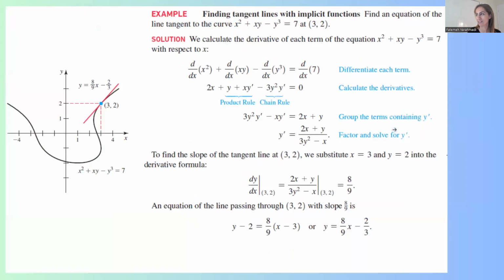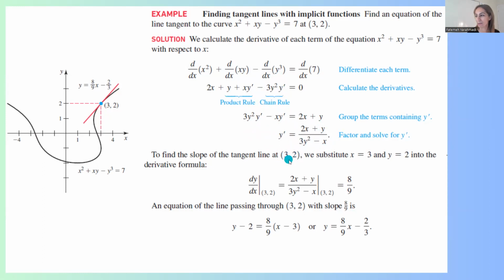And finally, this is a summary of what we did. We wanted to find the equation of the tangent line to the given curve at point (3, 2). We started by taking the implicit differentiation. We applied the product rule and we applied the chain rule. We did a little bit of algebra to simplify, and we have the derivative dy over dx, or y prime, is equal to 2x plus y divided by 3y squared minus x.